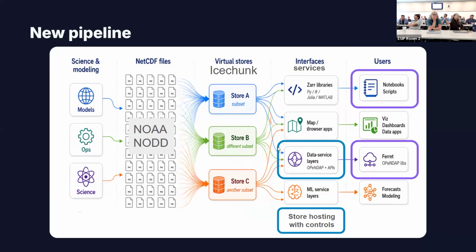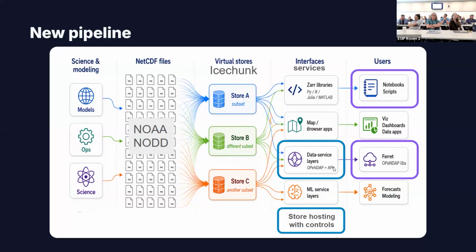Okay, so the new pipeline is what I showed you. We're creating these virtual stores from all the NetCDFs, no more navigating all of that. I'm really going to focus on one service, and that is the OpenDAP service, and why that is really important for our users. Once you have this, our users can interact with our stores the way they're always familiar with working.